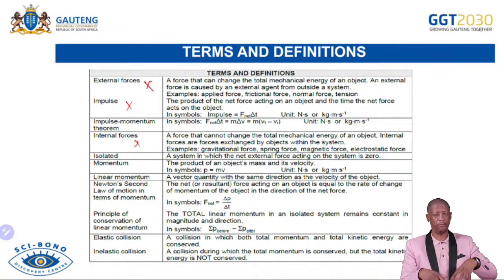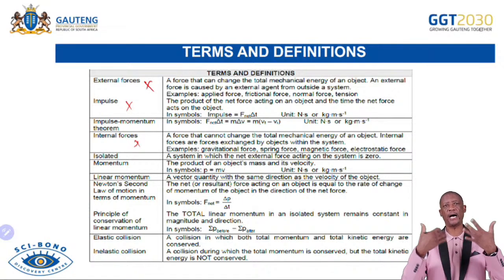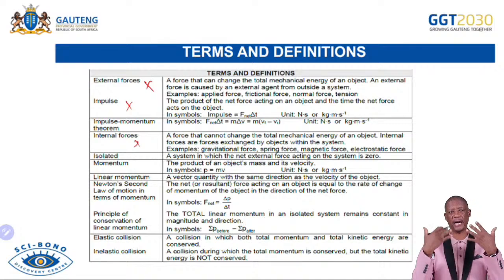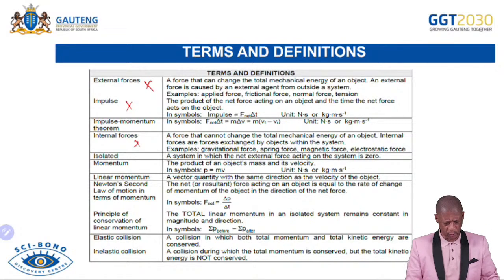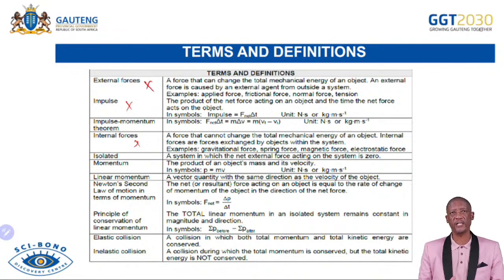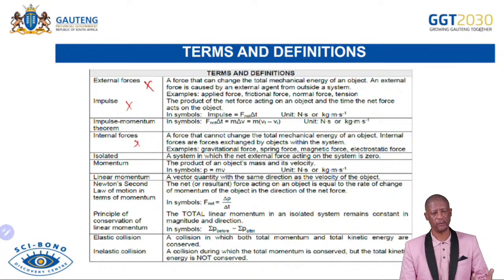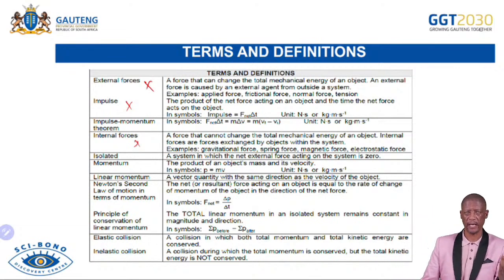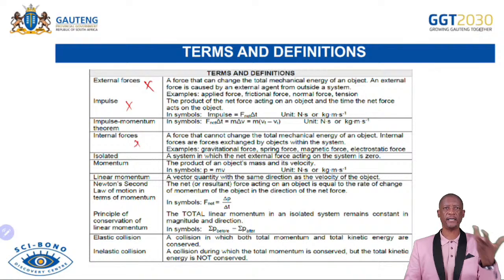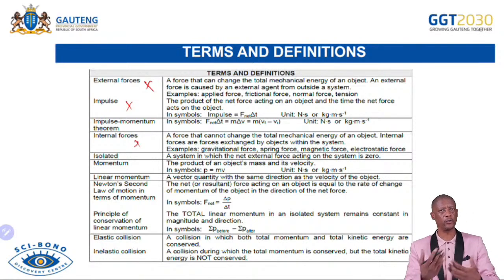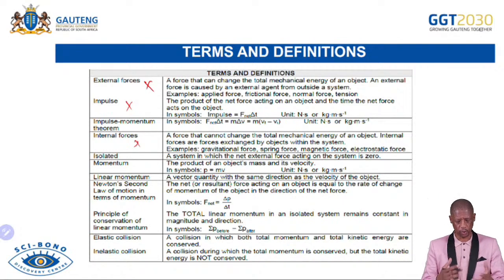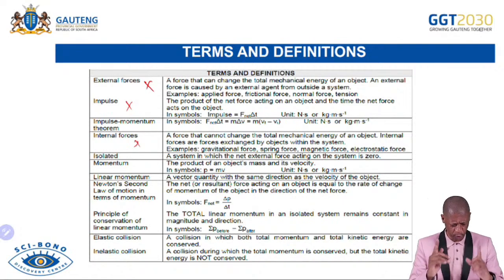Internal means within, external means out. The other one is acting outside, the other one is working inside of an object. So that is the difference between the two. If you want to remember, think of the words external, internal: outside, inside. That is how we differentiate between the two forces.